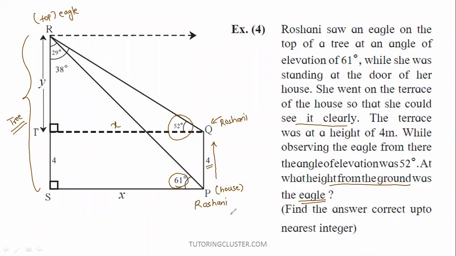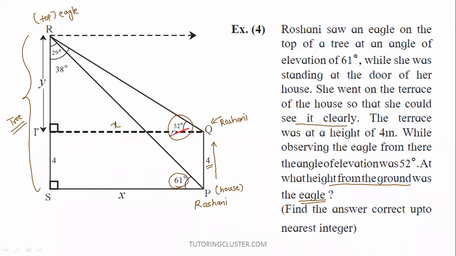Now, if I am considering this triangle, observe it carefully. If I consider triangle RSP, this angle is 61 degrees and this angle is 90 degrees. So this angle will be 29. The second triangle you have to consider is RTQ.